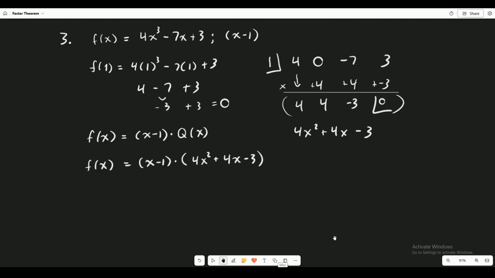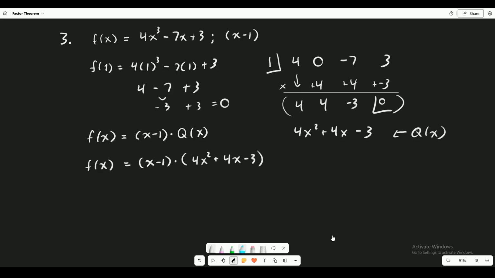And here we go. Remember, this is our quotient, okay? This is q of x because it's the answer to our division problem. That means it's a quotient. Little terminology for us. All right. Now we need to find the remaining factors of 4x squared. So I'm going to take it and do it off to the side over here.